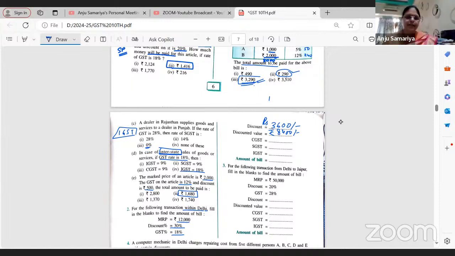So GST is 18%. First you find out the tax, or you can find it directly.